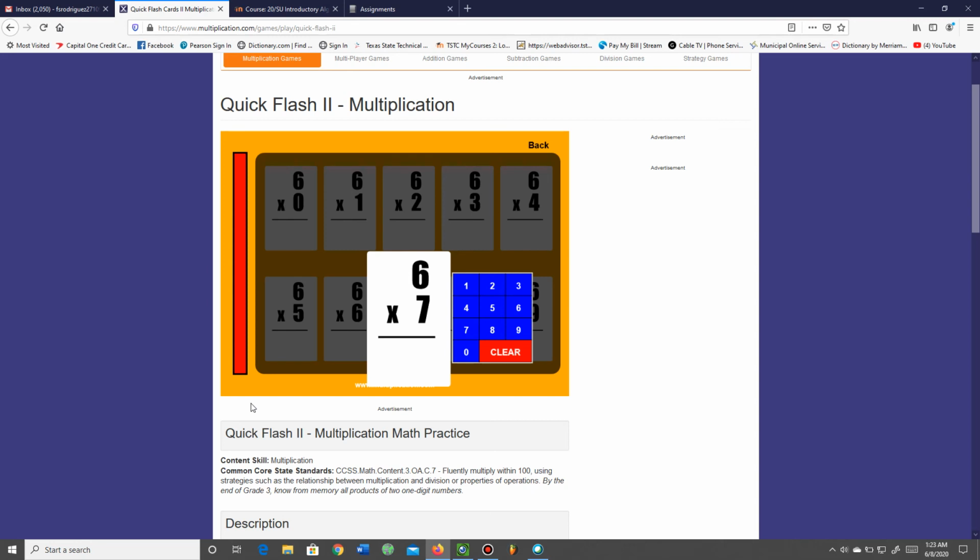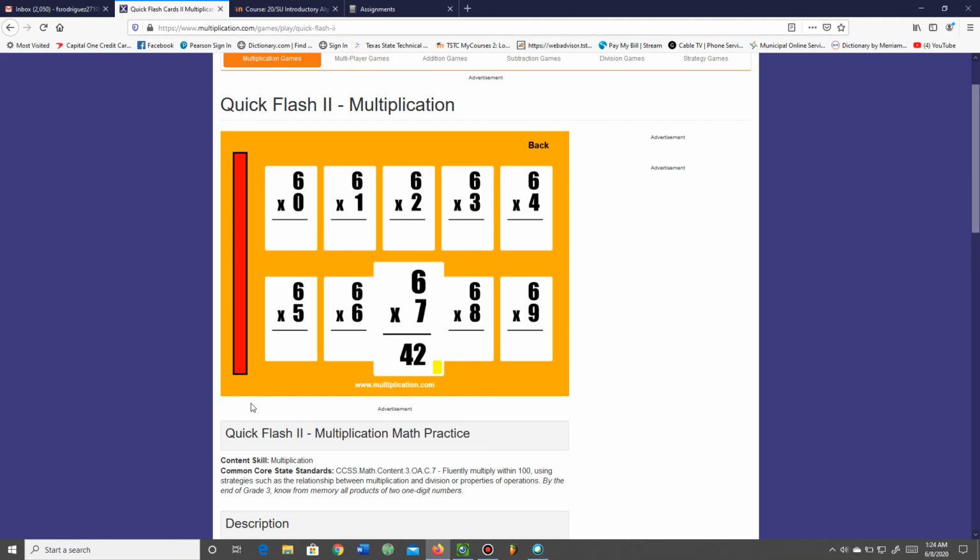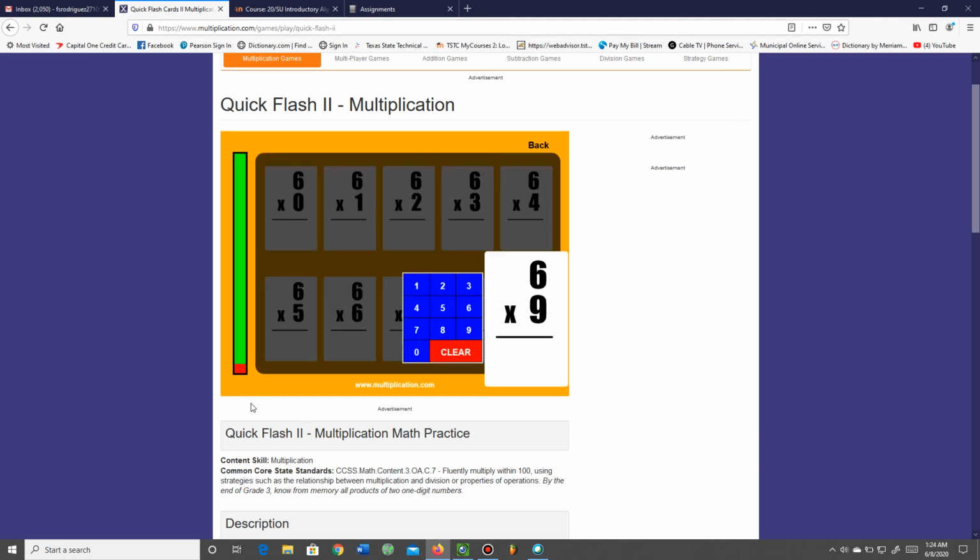And if you know what 6 times 7 is, go ahead and multiply it in your calculator. But at least try to remember it. Okay. And then type it in using your number pad. Oops. Okay. And it doesn't make a difference if you run out of time. Okay. See, like I run out of time, that's not a problem.